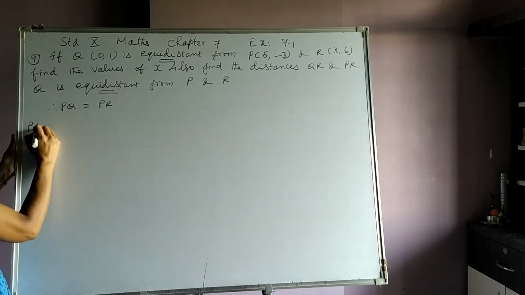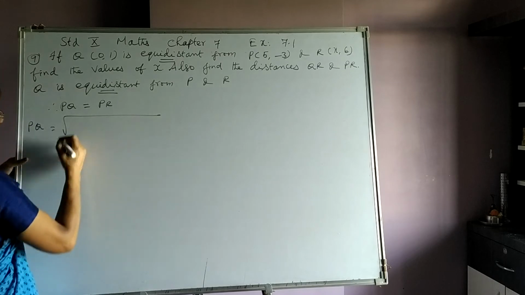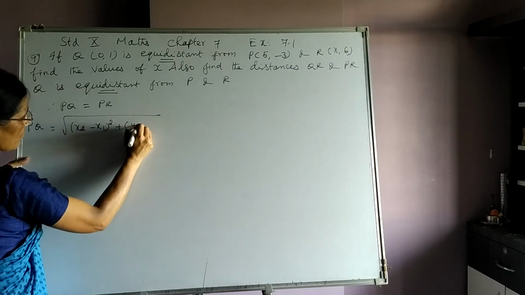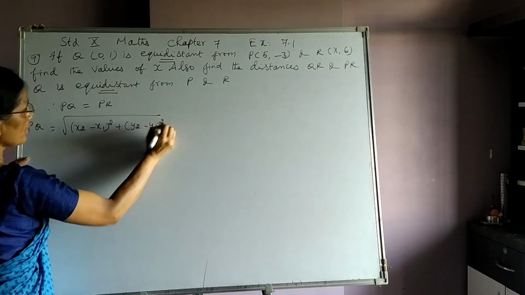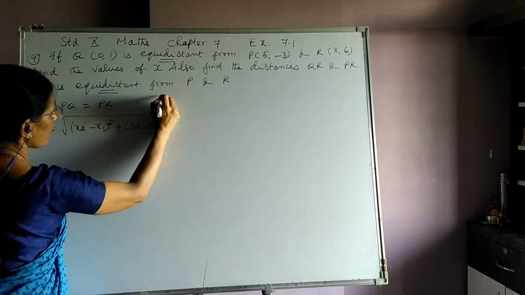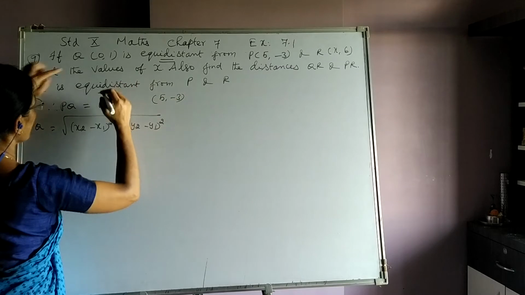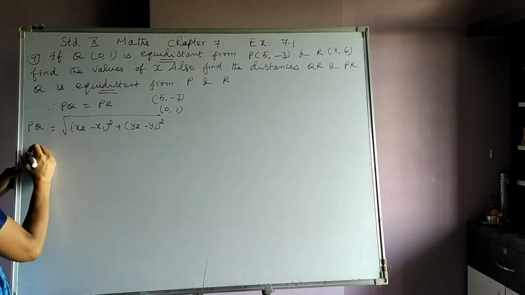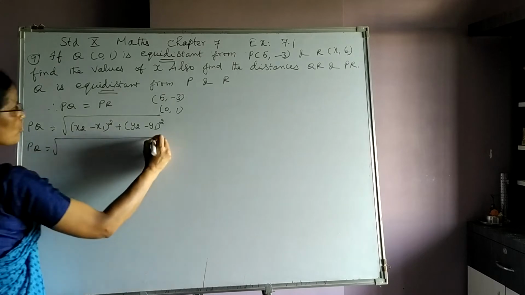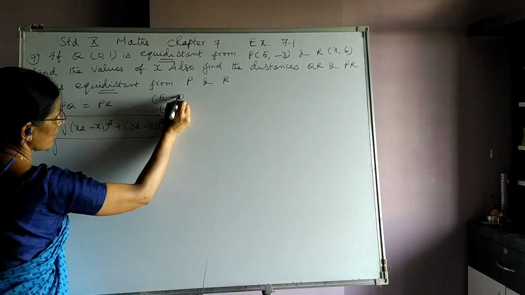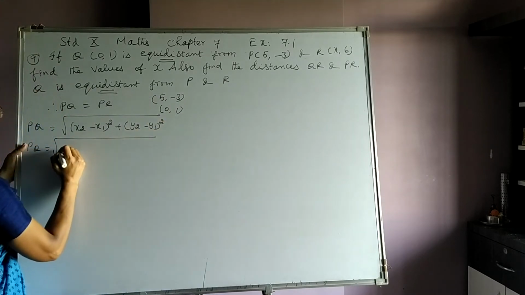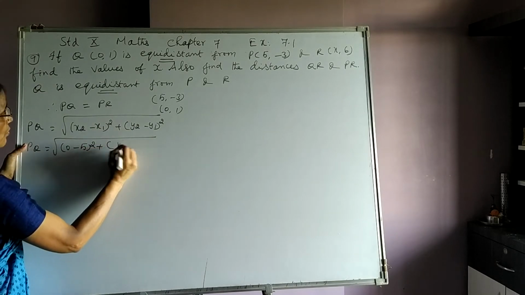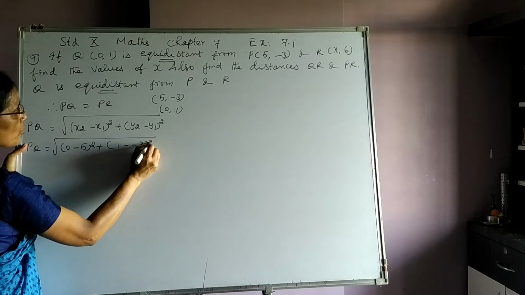So I am going to find PQ using the distance formula, which is root of (x2 minus x1) the whole square plus (y2 minus y1) the whole square. So P is (5, -3) and Q is (0, 1). I write one below the other, easy for substitution. So PQ is root of, this I take as x1, y1, this is x2, y2. x2 is 0 minus 5 the whole square plus 1 minus (-3) the whole square.